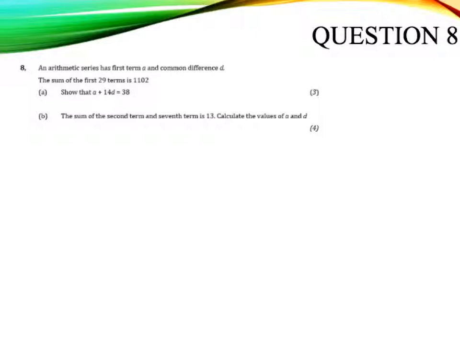So we'll start off, we'll look in our formula booklet and we'll see which of our formulas has got A's and D's in for sums of arithmetic series. Hopefully we'll spot this one. That's a half n, 2a plus n minus 1 d, and this is for the sum.